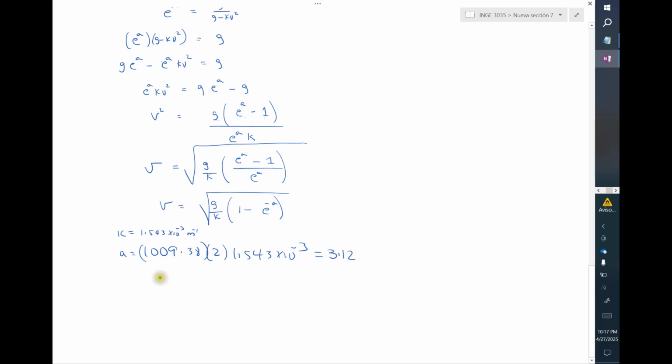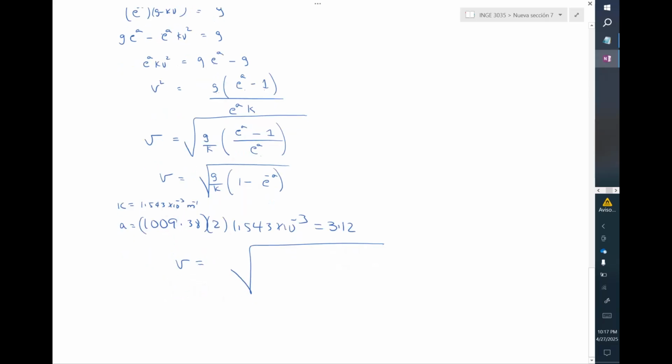So eventually B is equal to G, 9.81 divided by K, 1.543 times 10 to the minus 3, and that whole thing is 1 minus e to the minus 3.12.